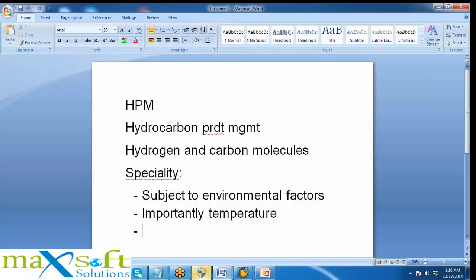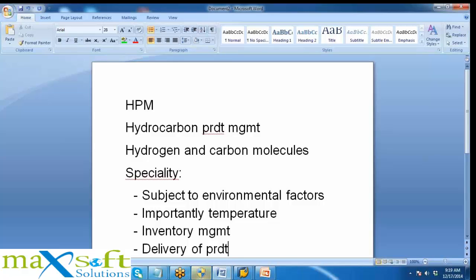How to manage this situation? Because volume changes, what is the impact? First impact is inventory changes, inventory management. Then, delivery of the product to the customer.